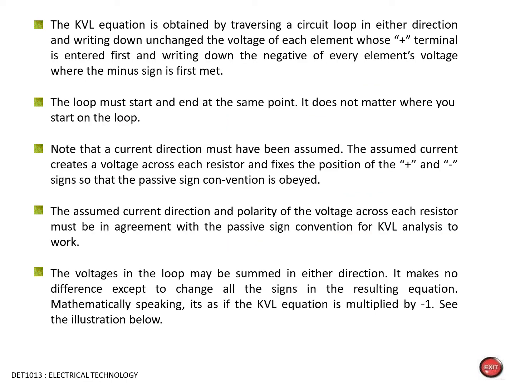Before going to the calculation, you must know the basics of imagination, how it has to be done when you assess a circuit. The first point states that the KVL equation is obtained by traversing a circuit loop in either direction, meaning you can start moving from right to left or left to right, or from top to bottom or bottom to top.